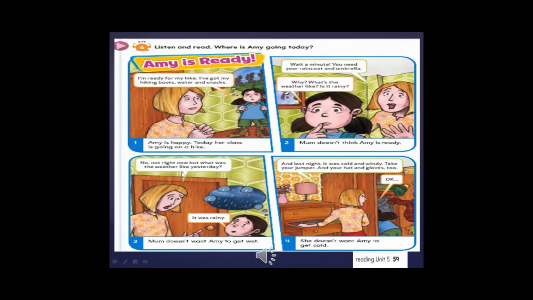But what was the weather like yesterday? It was rainy. Mum doesn't want Amy to get wet. And last night it was cold and windy. Take your jumper and your hat and gloves too. Okay. She doesn't want Amy to get cold.